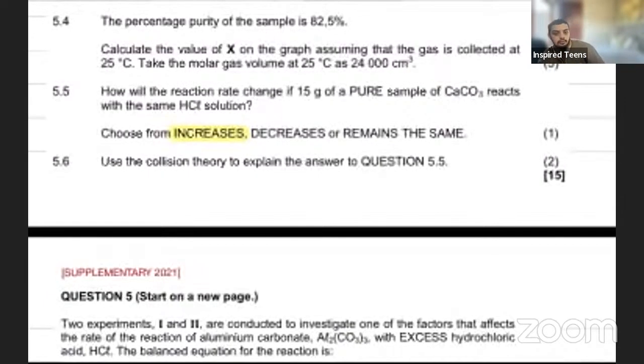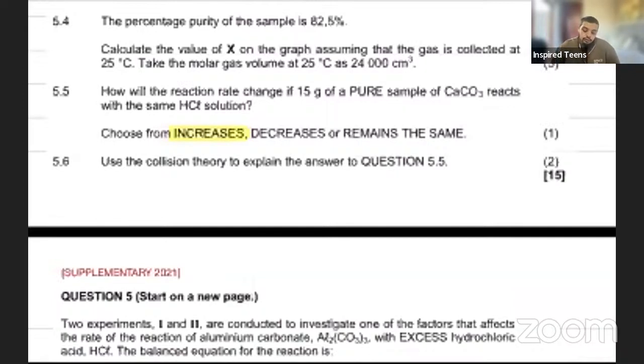So it would result in more effective collisions, right? So use the collision theory to explain your answer in 5.5. So you can say that there are more calcium carbonate particles. Therefore there are more effective collisions per unit time. More particles have sufficient kinetic energy.